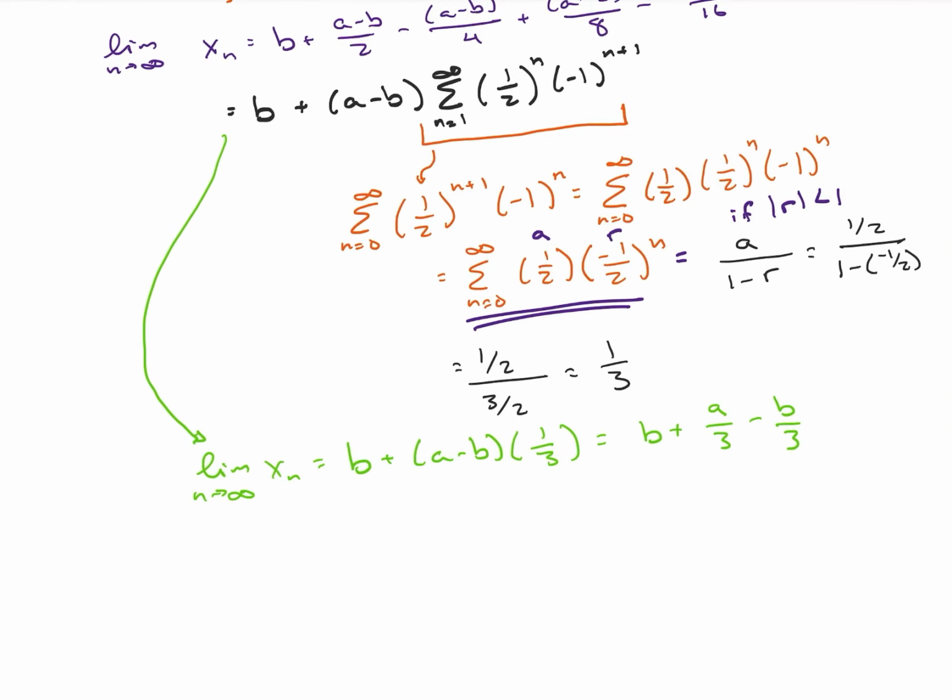So my final solution to my limit as n approaches infinity of x sub n is going to end up being a over 3 plus 2b over 3. And that is going to be my final answer.